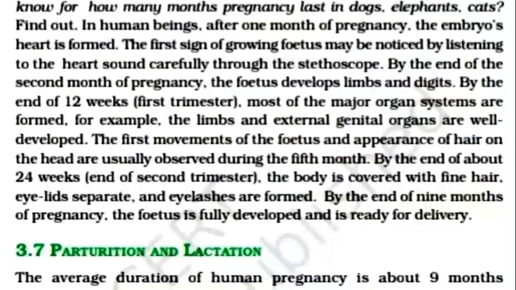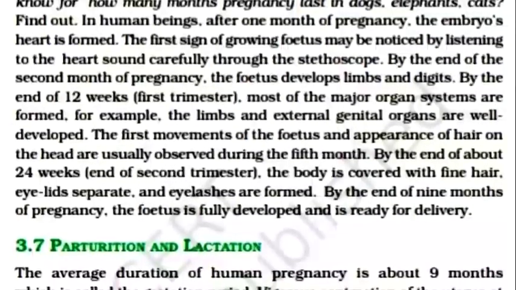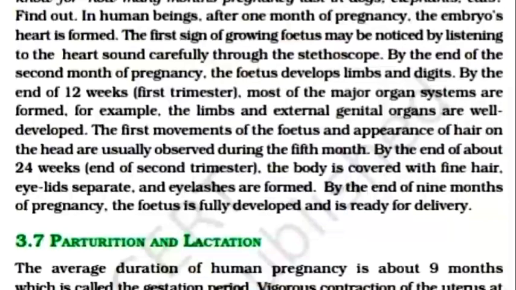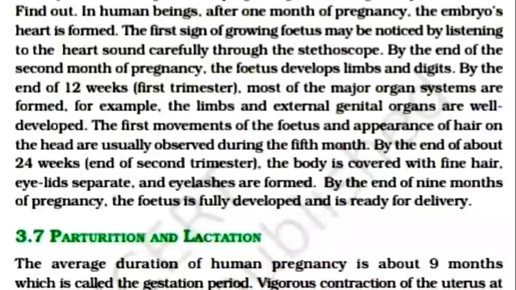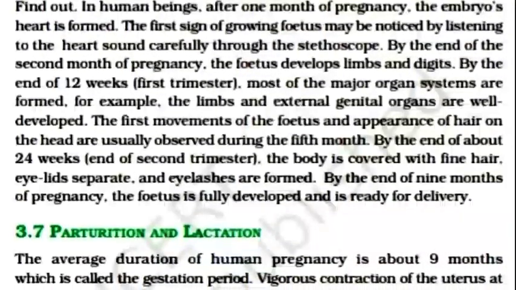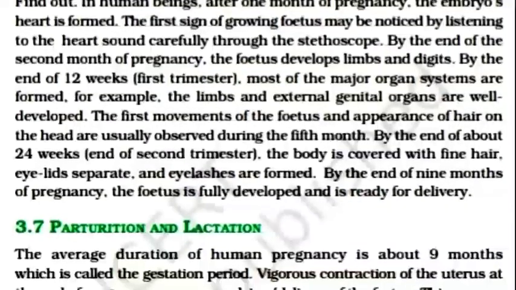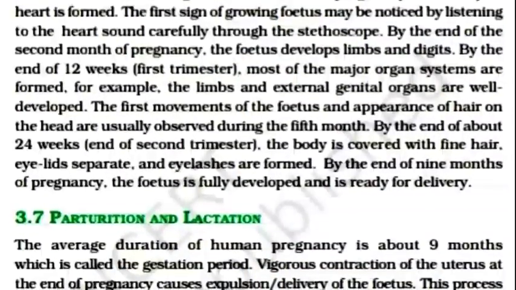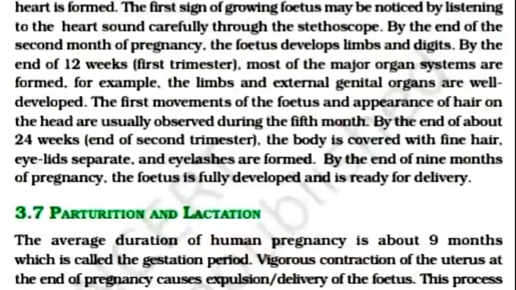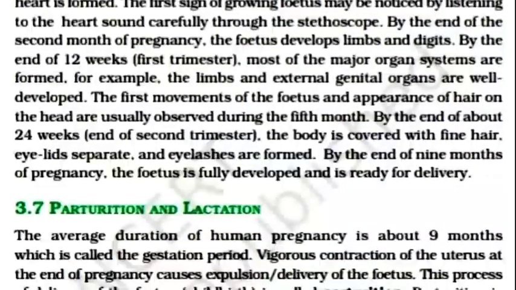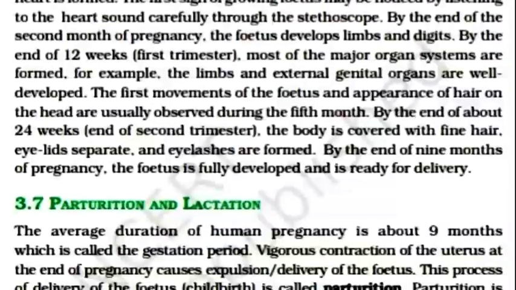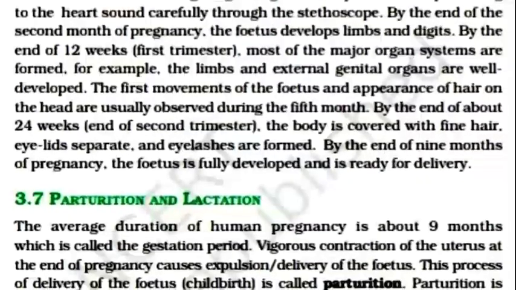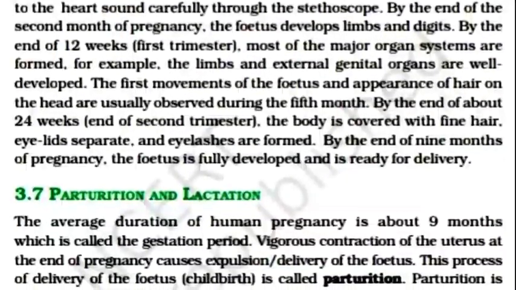By the end of the second month of pregnancy, the fetus develops limbs and digits. By the end of 12 weeks, the first trimester, most of the major organ systems are formed. For example, limbs and external genitalia are well developed. The first movement of the fetus and appearance of hair on the head are usually observed during the 5th month.